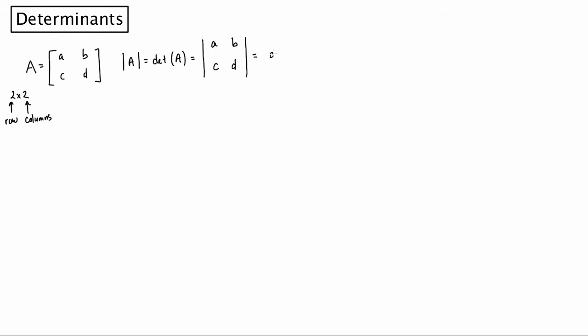But the determinant here is simply the main diagonal multiplied minus the off diagonal multiplied. And there are so many different reasons why that is important.